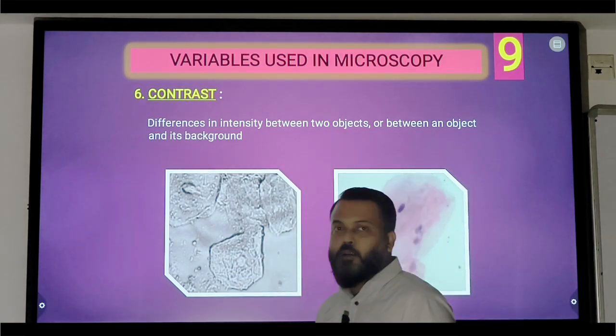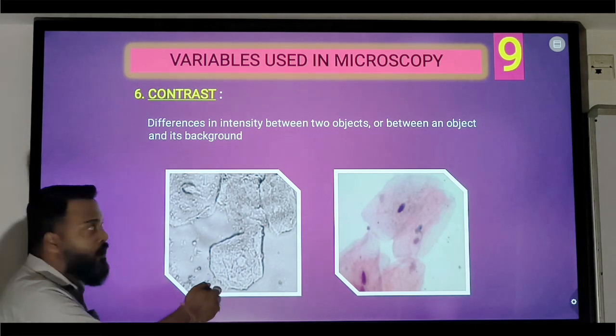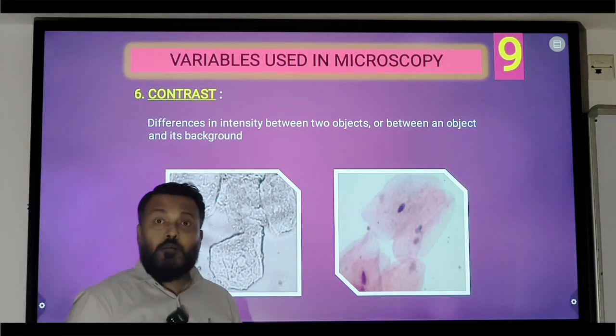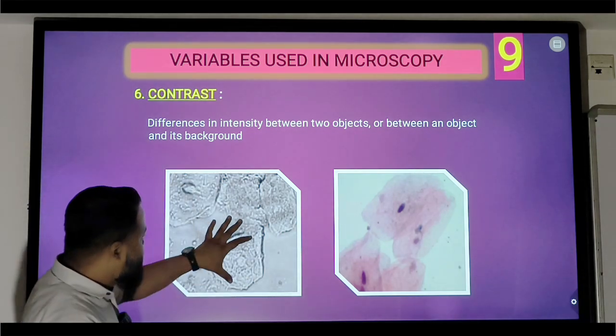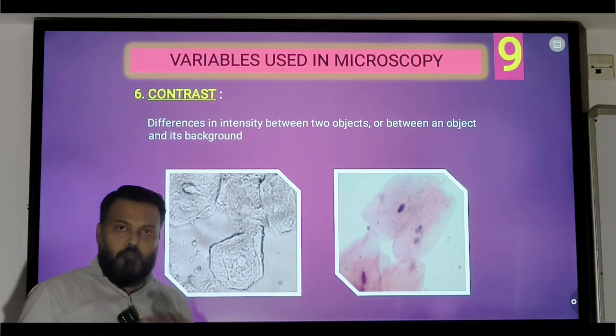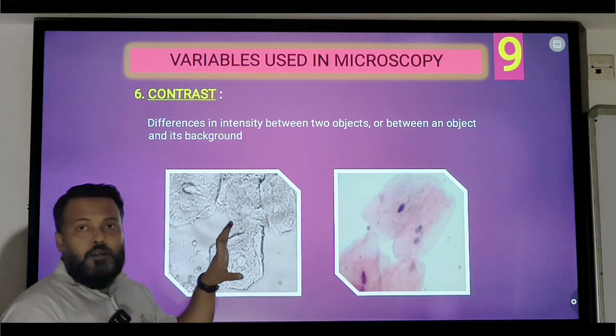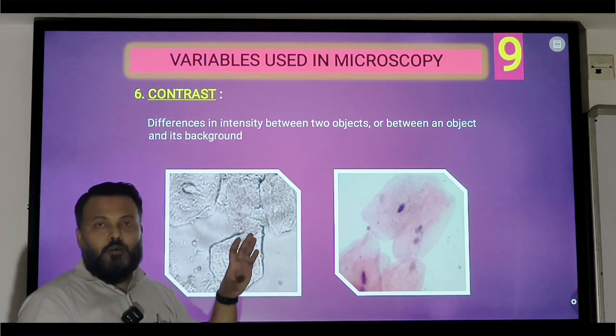From where will it come? It will come from the intensity differences between the objects or between an object and its background. Because here this darkness can be visualized from our end. If we try to visualize them, then it will be nothing but the background that will be reflected.